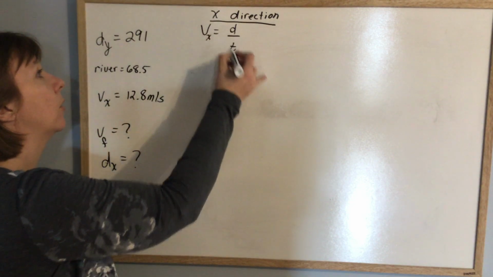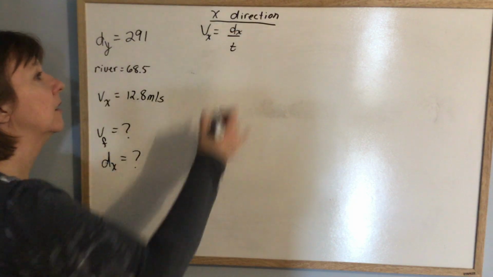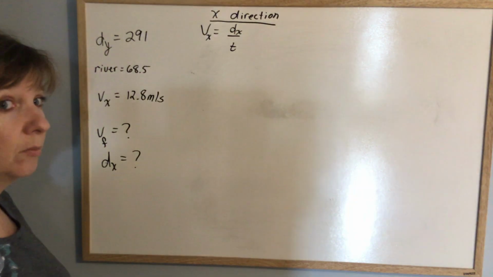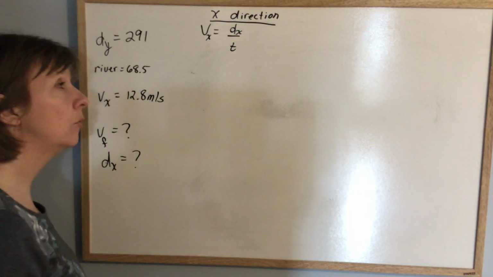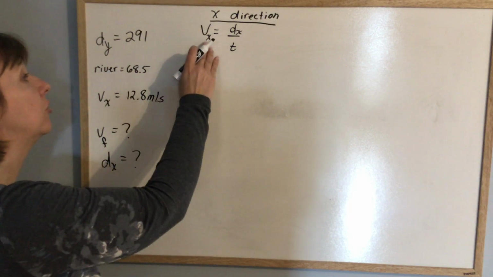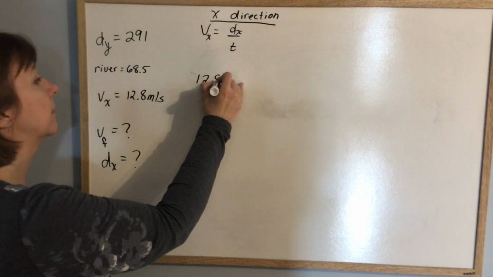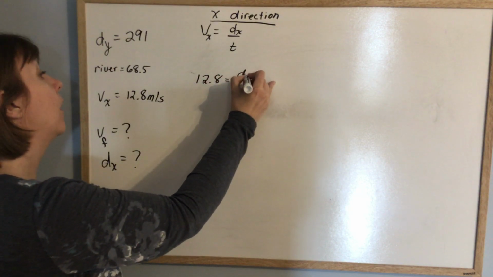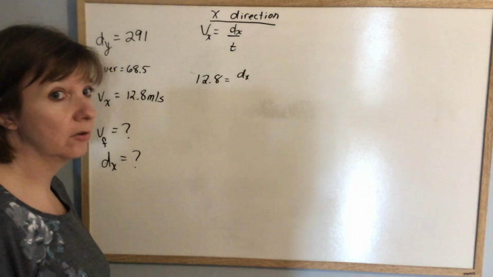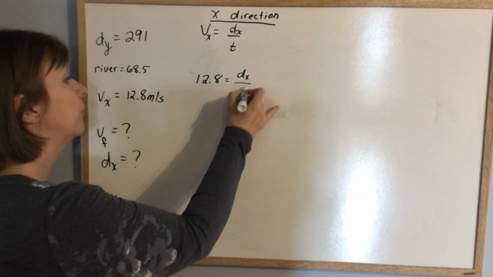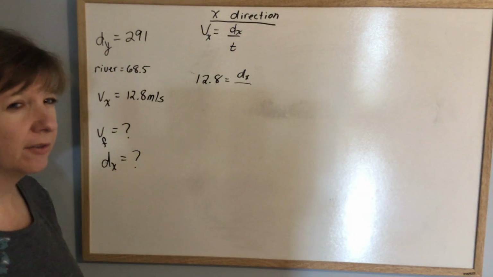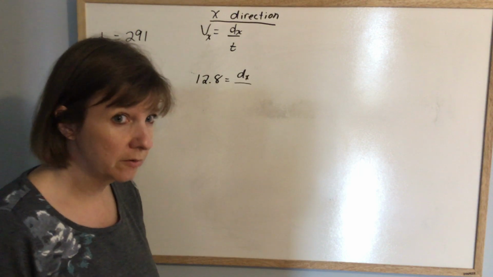So my horizontal velocity is equal to my horizontal displacement over time. So can I go right there and figure it out? Because I do know my horizontal velocity. It's 12.8. And I want to know the horizontal displacement. But in order to figure that out, I would need a time. Remember how I said time is very often important?